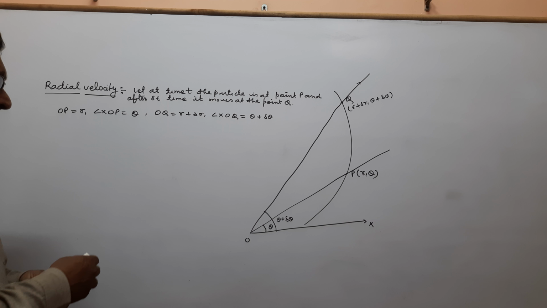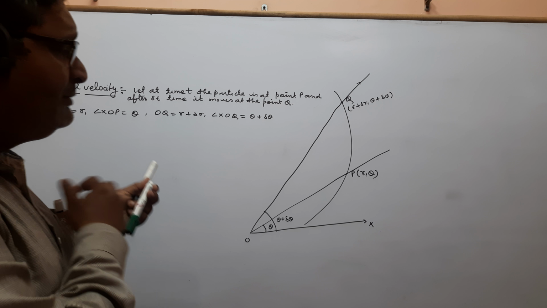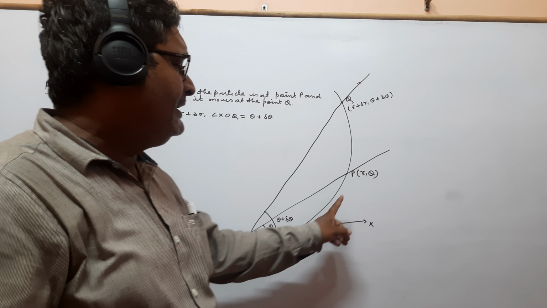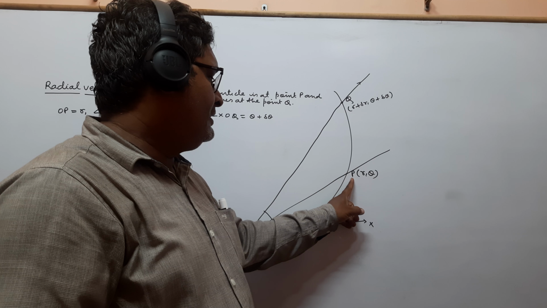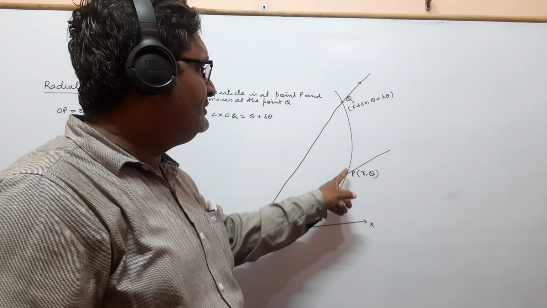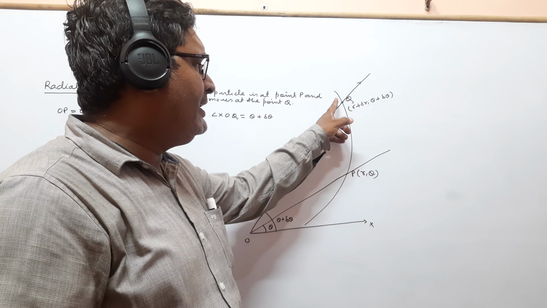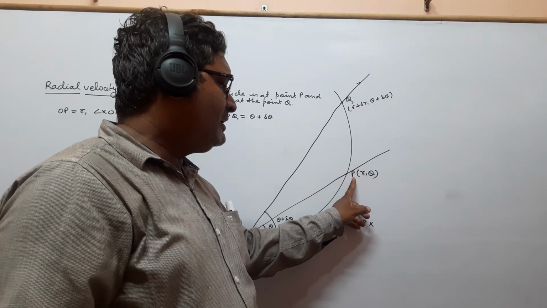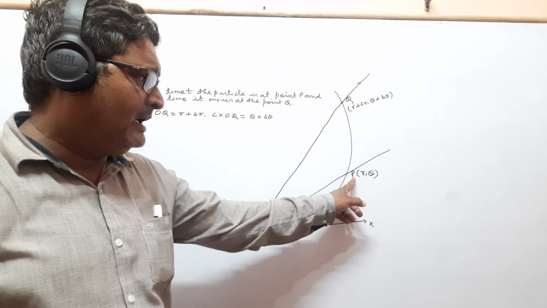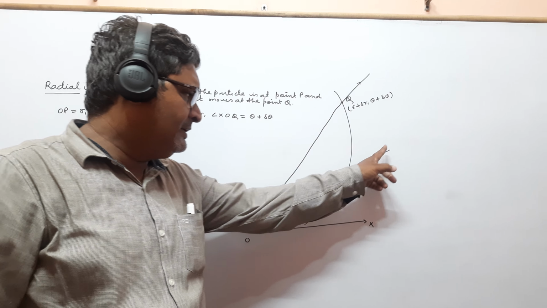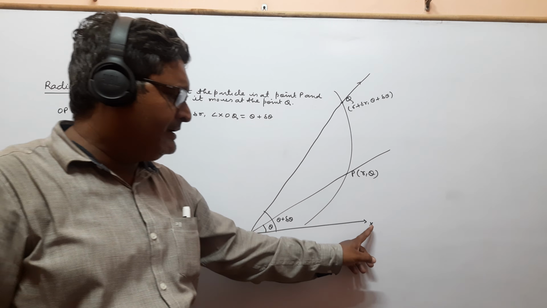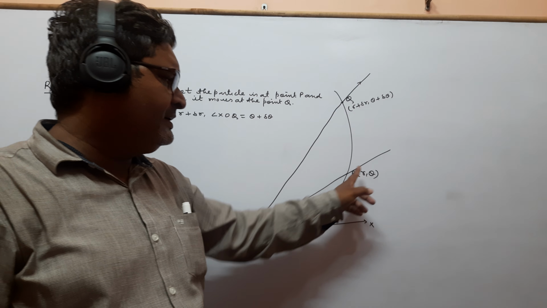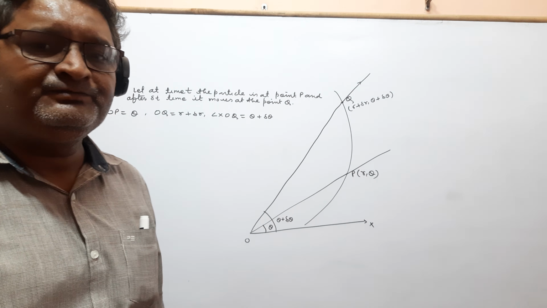Here we can see that a moving particle at point P, after del t time, goes to the point Q. The polar coordinates of P are (r, theta), so radius vector OP is equal to small r, and angle XOP is equal to theta.